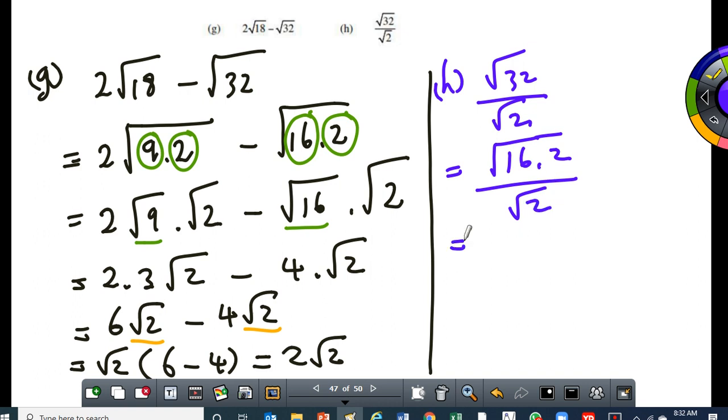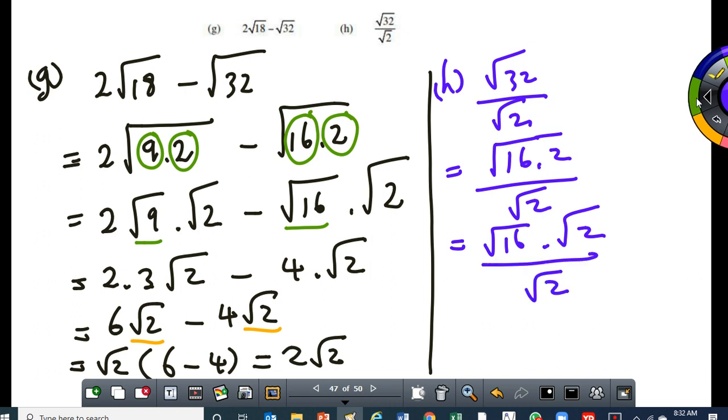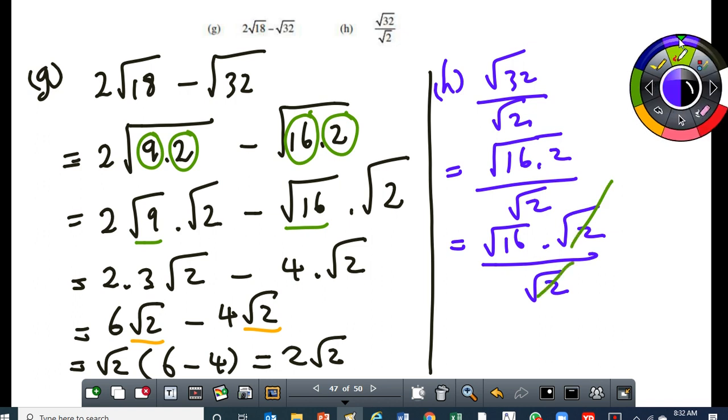Then we split up the numerator and write the square root of 16 times the square root of 2 over square root of 2. Now because of division, this square root of 2 and that square root of 2 can cancel out. If we do that, we'll be left with the square root of 16, which will be a 4. So 4 will be the final answer.